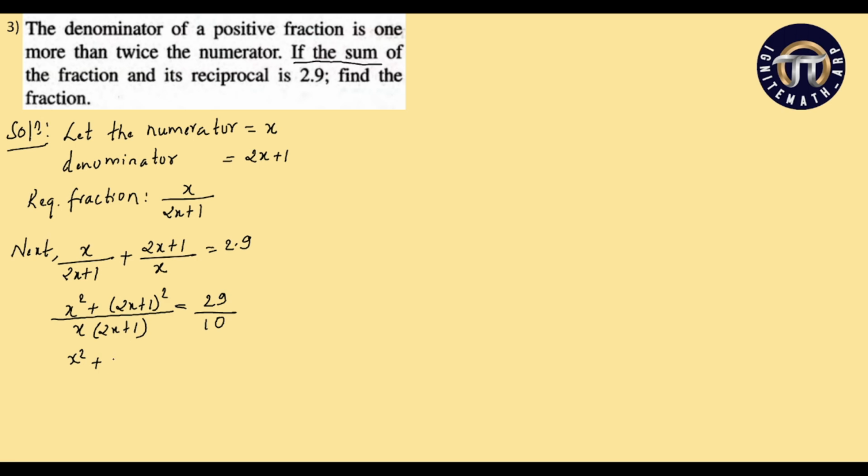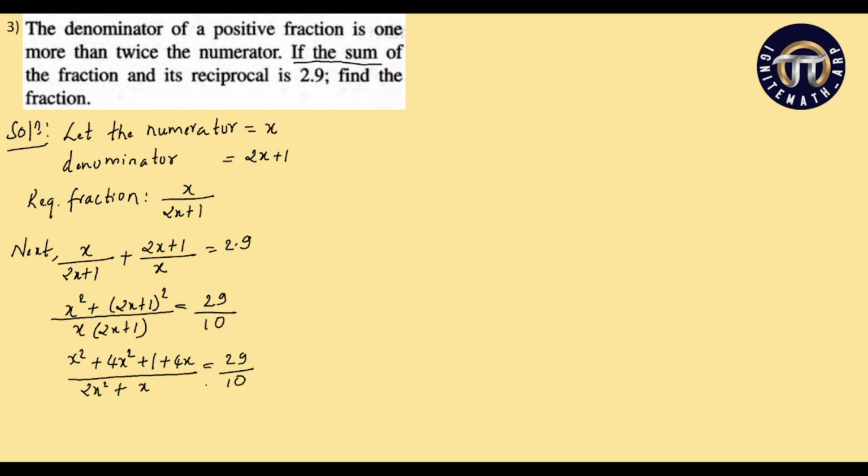Right, I'll replace it using (a plus b) the whole square. So that is nothing but 4x square plus 1 plus 4x, divided by 2x square plus x, is equal to 29 by 10.